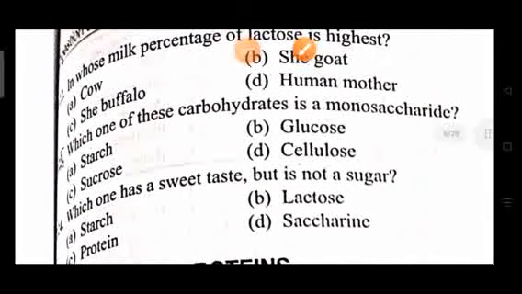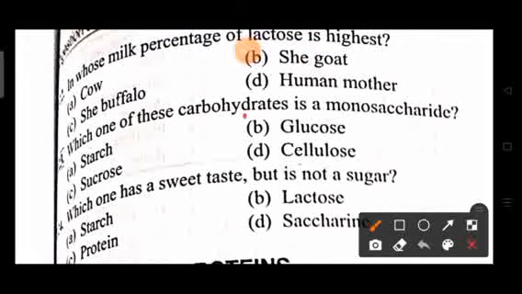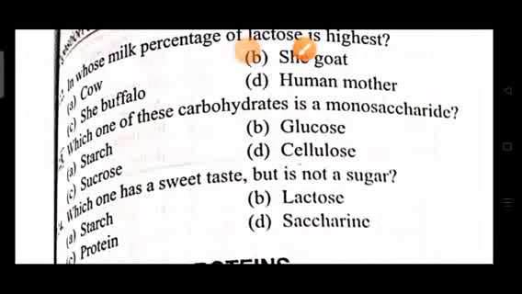Next, which one of the carbohydrates is a monosaccharide? Monosaccharide means a single unit. Glucose, fructose, maltose, galactose are all there, but glucose is the final monosaccharide. Next, which one has a sweet taste but is not a sugar?